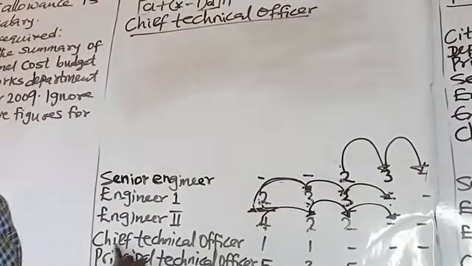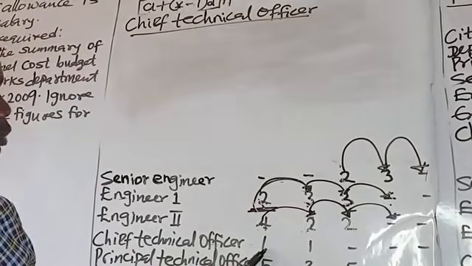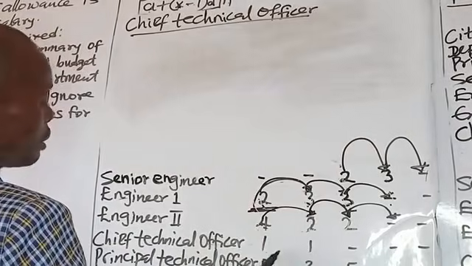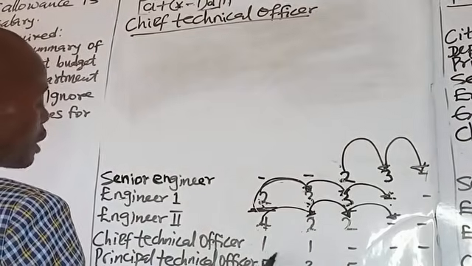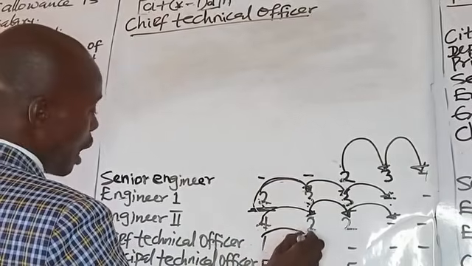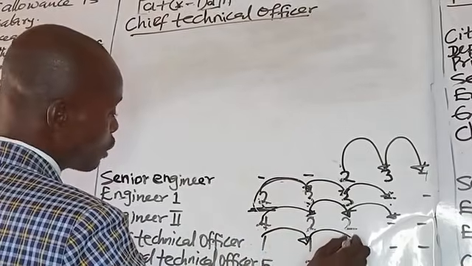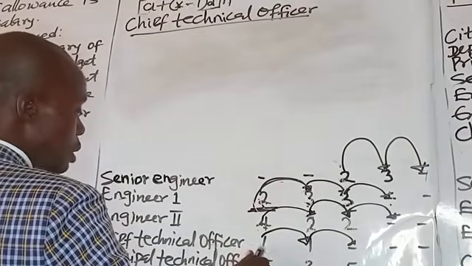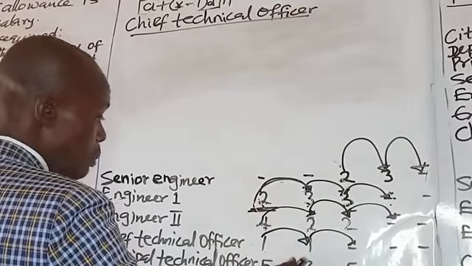So, for Chief Technical Officer, one person was in step 1 before. That one person will now move to step 2. And one person who was in step 2 will equally move to step 3. So now let's calculate for the one person who was in step 1, who is now moving to step 2.